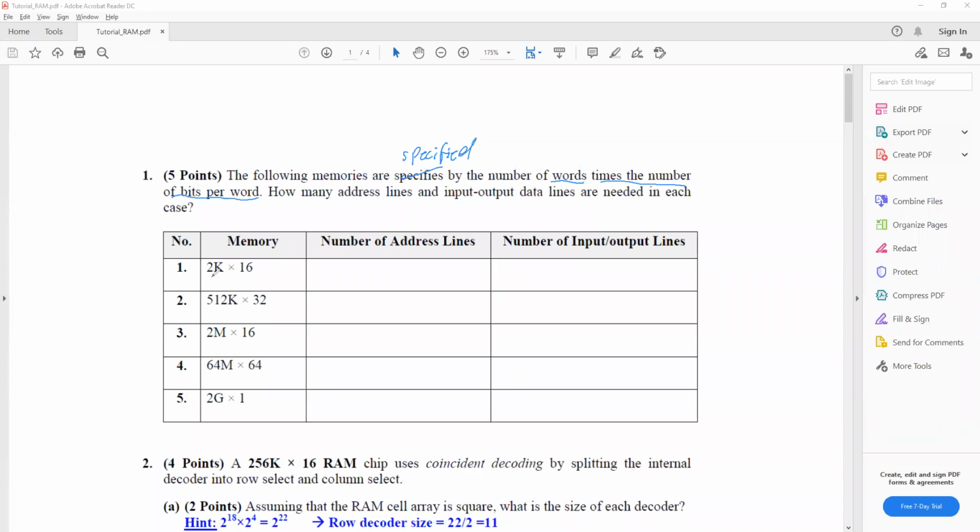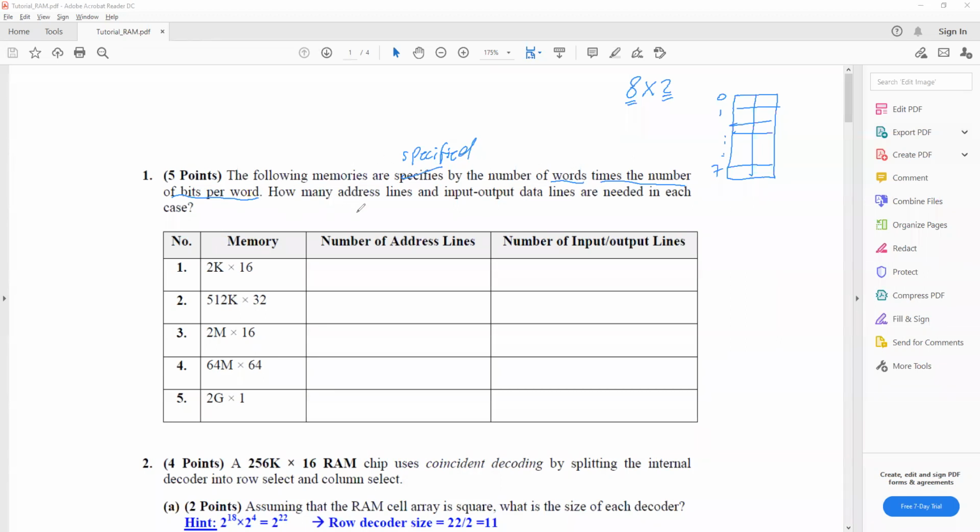We have two numbers, one will denote the words in your memory and one will denote the number of bits in your memory. So a quick refresh for a small memory. If I have an 8-word memory, so this goes from 0 to 7, and I have 2 bits per word. The way I write this memory is 8 by 2. That means I have 8 words and each word holds 2 bits.